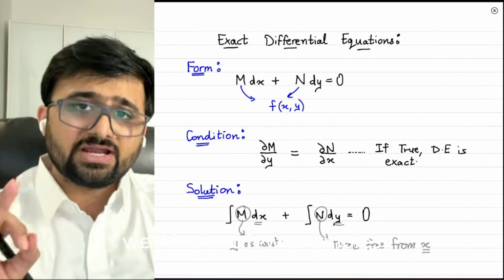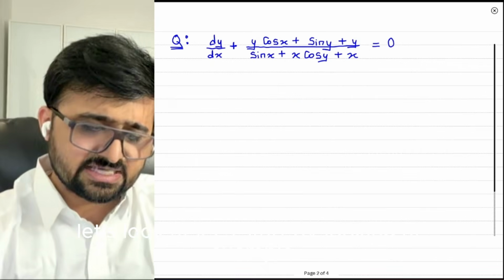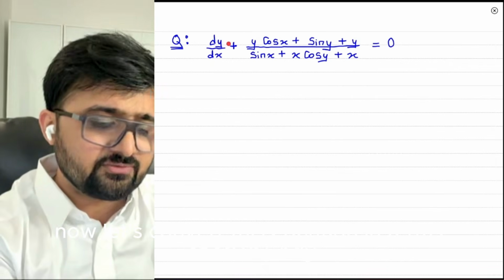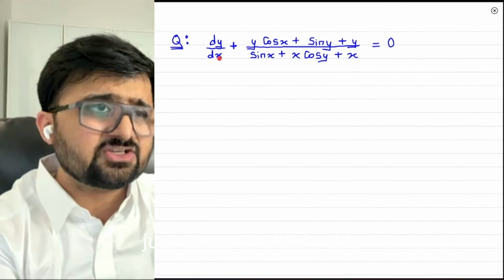Okay, we'll look at a few examples. Let's start by looking at an example. Now let's convert this equation in terms of M dx plus N dy. Just cross multiply this.